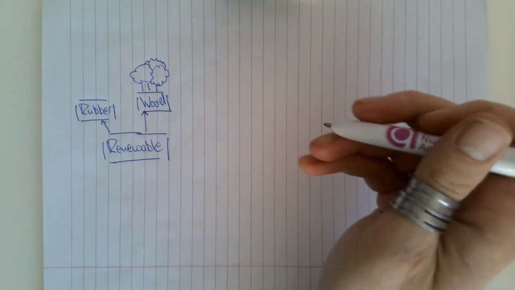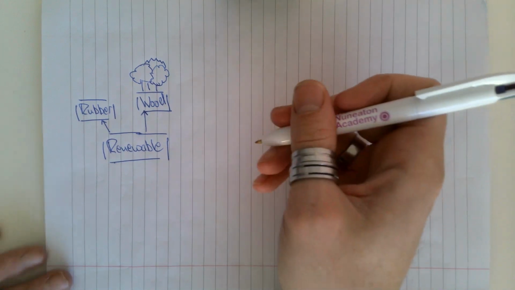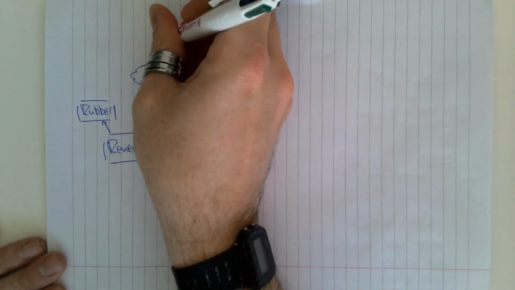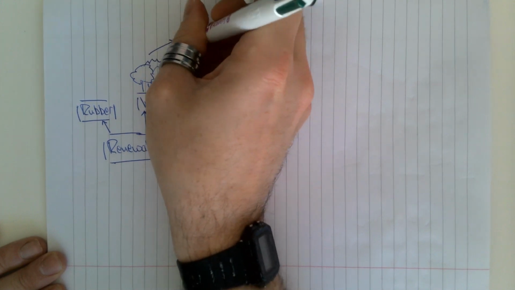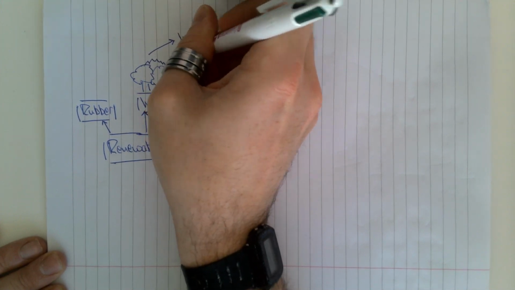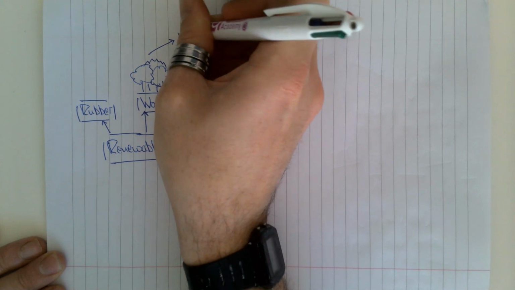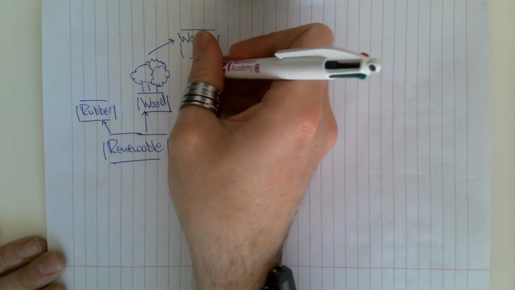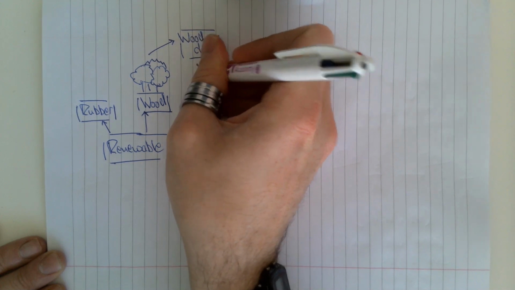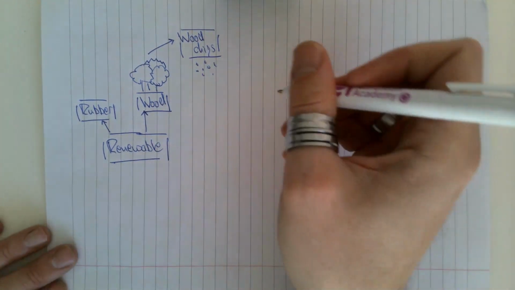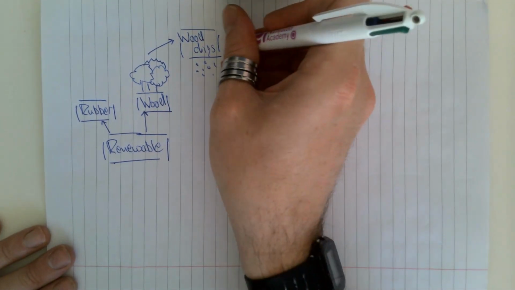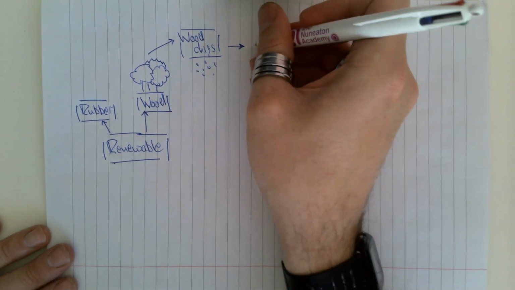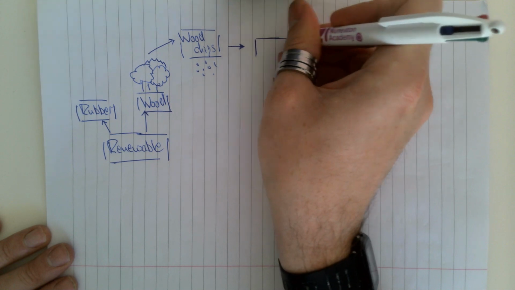Now, obviously, what we're using wood for, one of the primary uses of it, straight with chips. It can be used for a variety of different things, but one of the things to obviously bear in mind is that you can burn wood chips to produce energy.